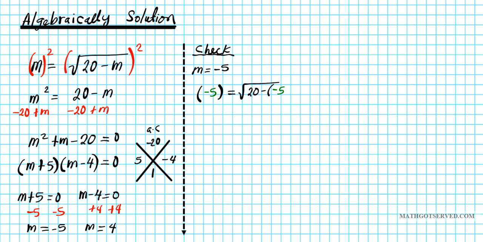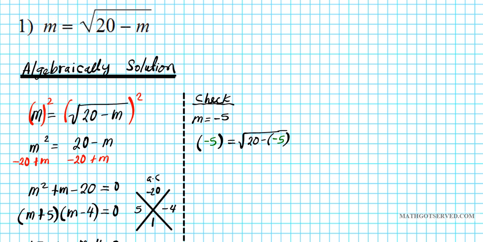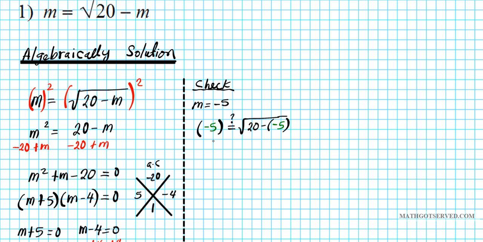I simply substituted negative 5 into the original problem. Since we don't know if this is true or false, we will put a question mark on our equality symbol. So let's simplify the right side. Is negative 5 equal to the square root of, minus times minus is plus, 20 plus 5? Is negative 5 equal to the square root of 25?